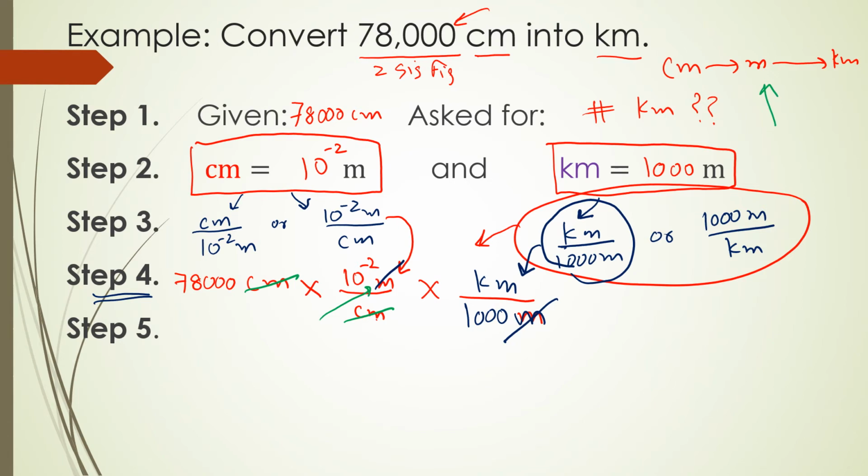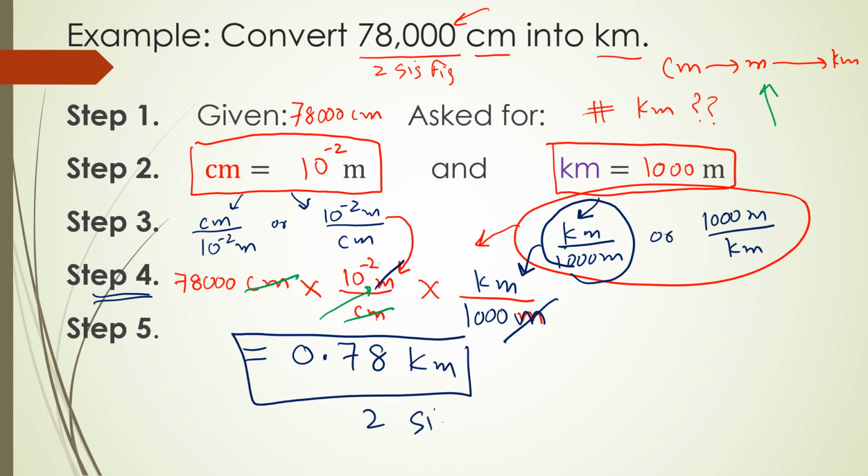Okay, so when I use my calculator, final answer comes out to be 0.78 kilometers. And it's already in two sig figs, and that's all I wanted because my starting value is there. So that's how you solve a multi-step problem.